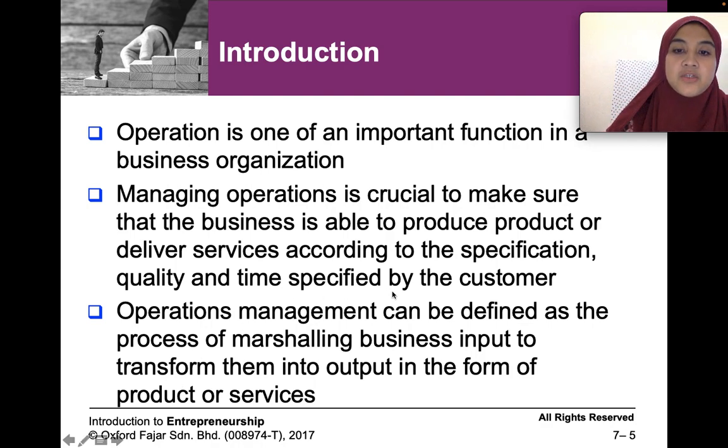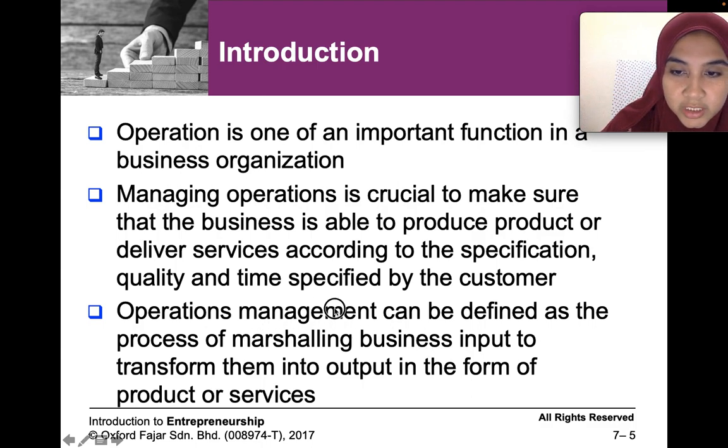Alright, so operation management can be defined as the process of marshalling business input to transform them into output in the form of product or services.